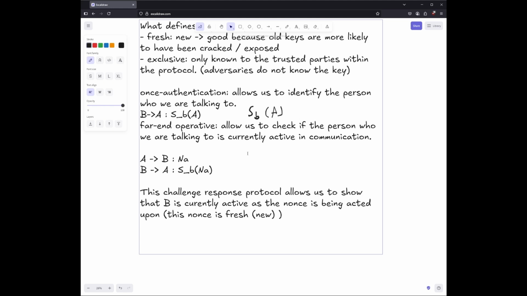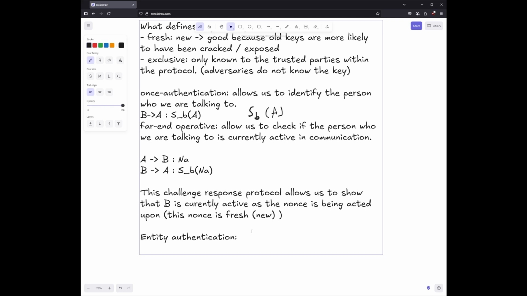And on the one hand, this is good because we can check that, but it doesn't confirm the identity of B. And hence anyone can actually use this in a replay response in a man-in-the-middle attack. So essentially, we can just combine these things in this thing called entity authentication.